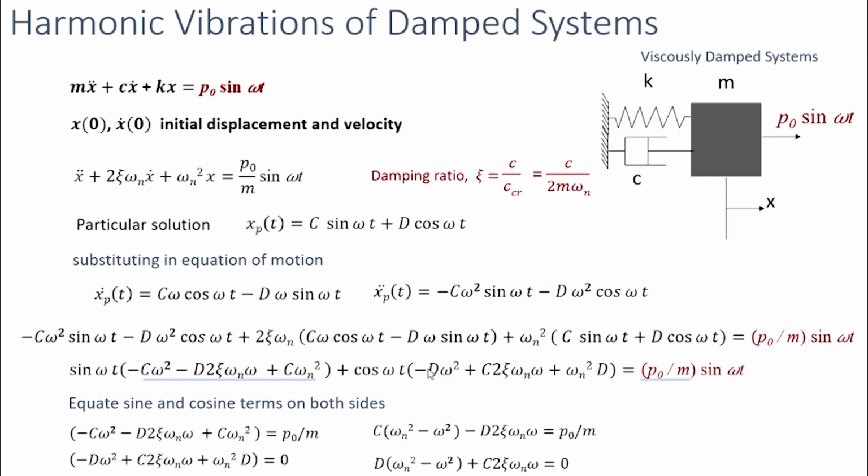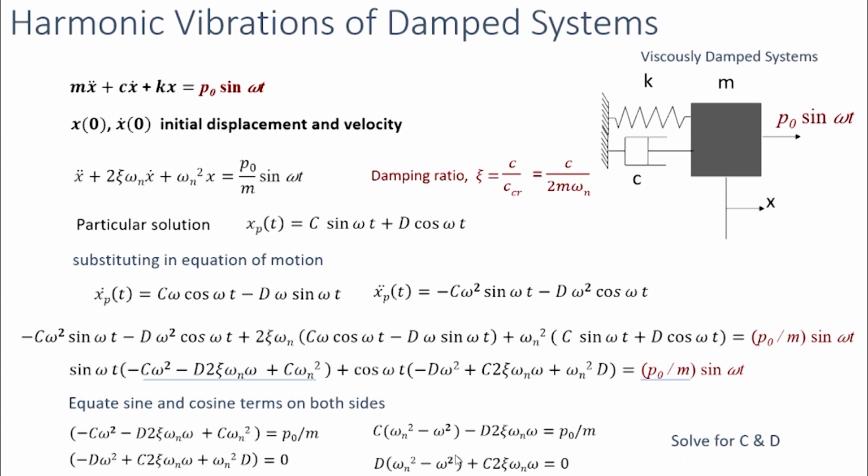The second is this expression equal to 0. We can rearrange this again and we will get an expression like this from this equation and another expression from this equation. So you have two equations and two unknowns, C and D.